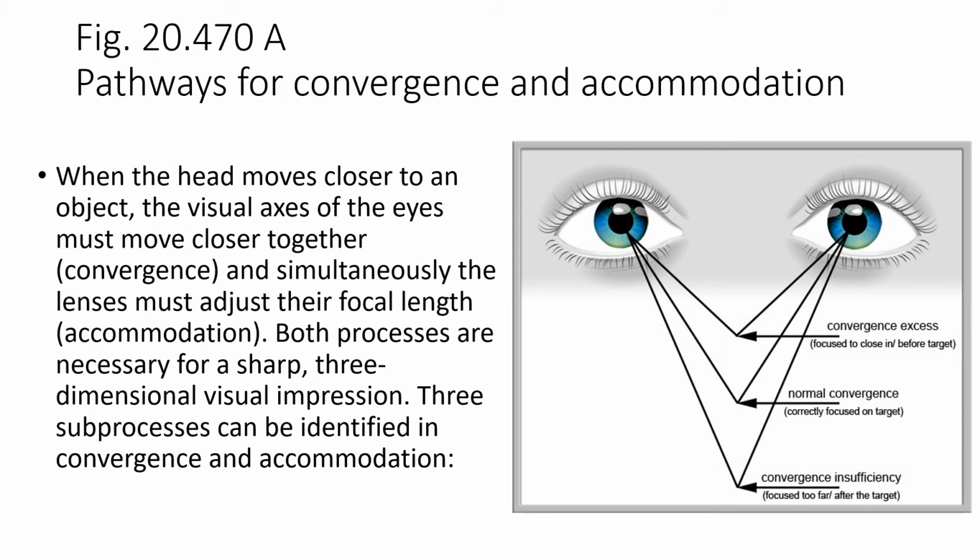So looking at the picture on the right there, we're going to see some problems with vision here. So convergence insufficiency, focused too far after the target. Normal convergence, we can see clearly. Convergence excess, focused too close in or before the target.